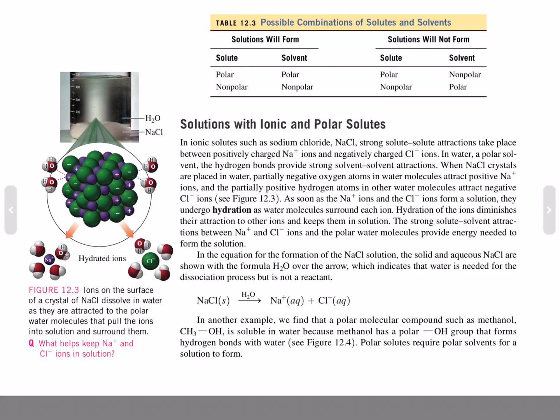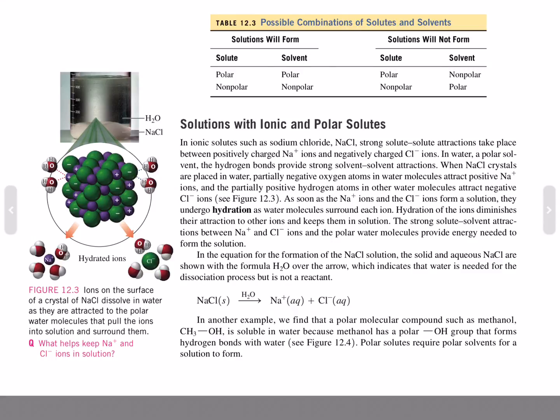When sodium chloride crystals are placed in water, partially negative oxygen atoms in water molecules attract the positive sodium ions, and the partially positive hydrogen atoms in other water molecules attract negative chloride ions. As soon as the sodium ions and the chloride ions form a solution, they undergo hydration as the water molecules surround each ion. Hydration of the ions diminishes their attraction to other ions and keeps them in solution.